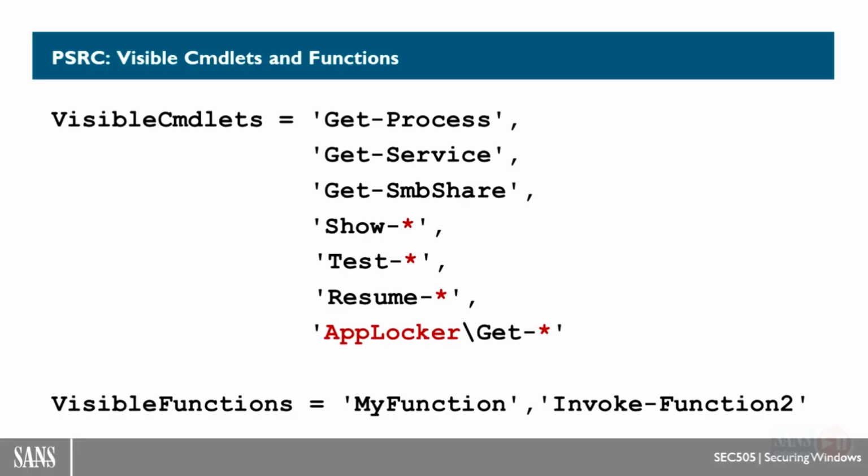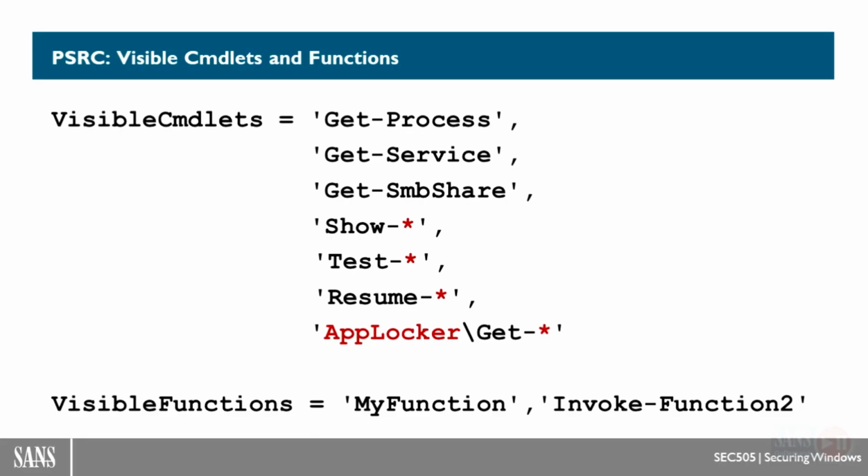That will allow any command that matches that pattern. If you'd like to limit the commands to a particular module, like the AppLocker module, then the syntax is the name of the module, slash, and then the name of the command with or without a wildcard. So as you can see in the slide, we're allowing all the Get commands, but from the AppLocker module.